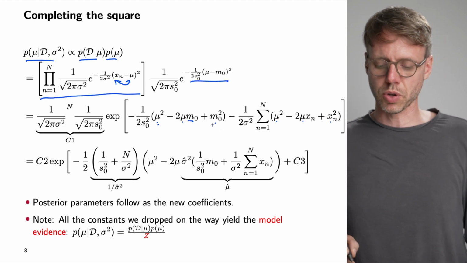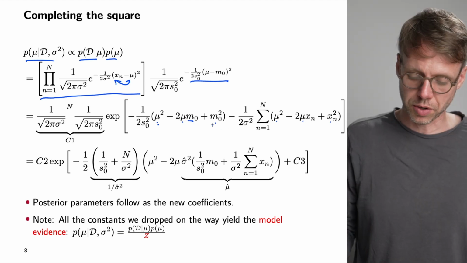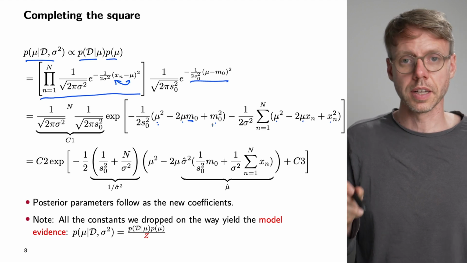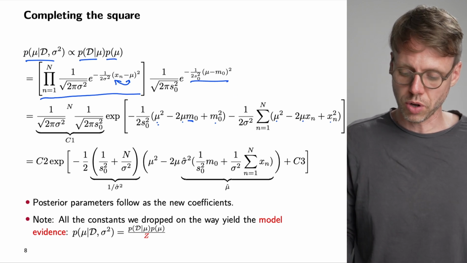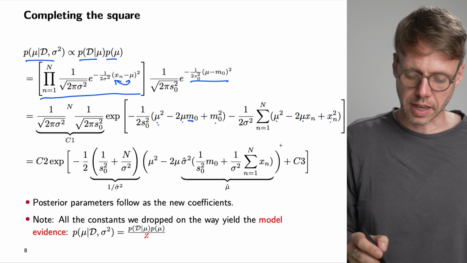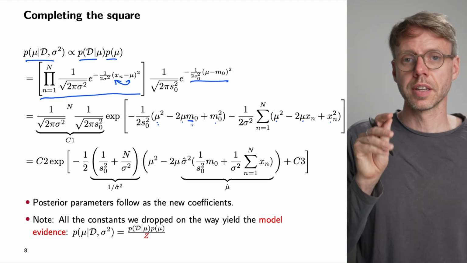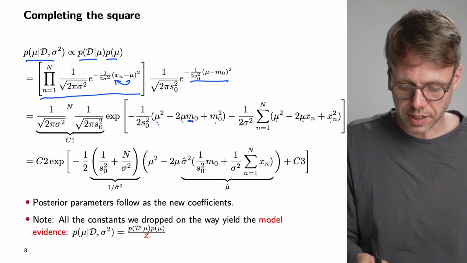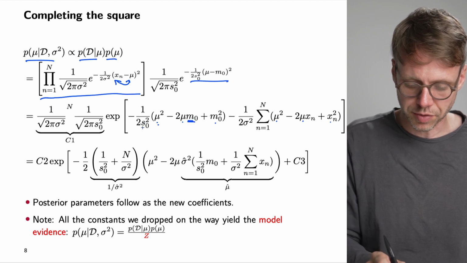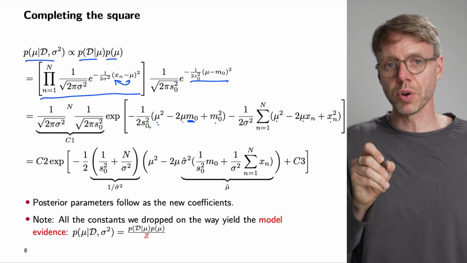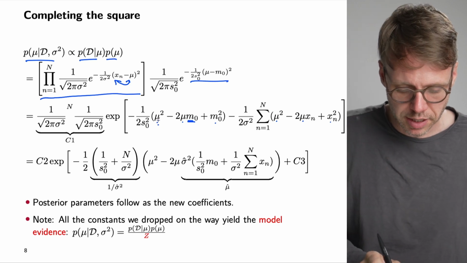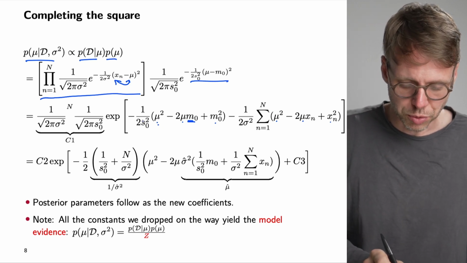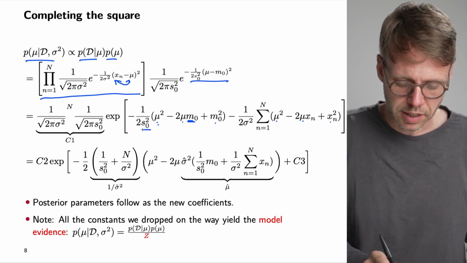And then we have this constant here. So what we will do is we just ignore all of the constants and derive the coefficients of the linear part and of the quadratic part. We know that the coefficient of the quadratic part will be equal to minus 1 divided by 2 times the variance.